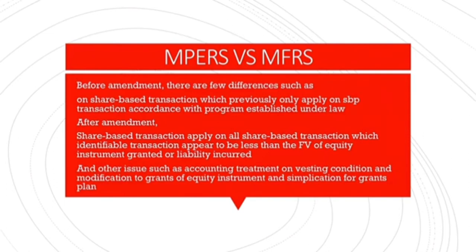But after the amendment of 2015, all share-based transactions that are identifiable and less than the fair value of equity instrument granted or liability incurred can apply MPERS Section 26. Also, there are a few amendments on other issues such as accounting treatment on vesting condition and modification to grant of equity instrument and simplification for grants plan.